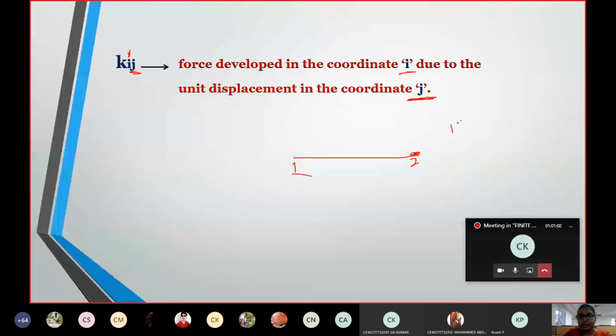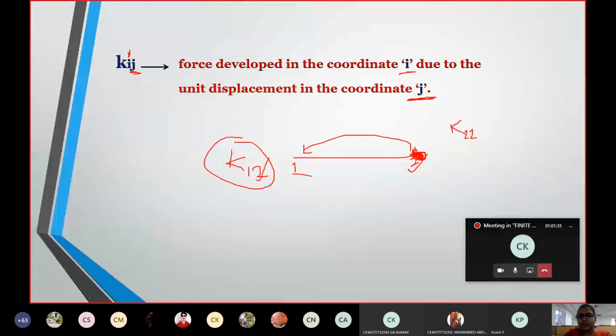Then K22 is unit displacement applied at 2 and the force value also at 2. If it is K12, it means you are applying the unit displacement at node 2, but due to that, the force produced at node 1 is our K12 value.